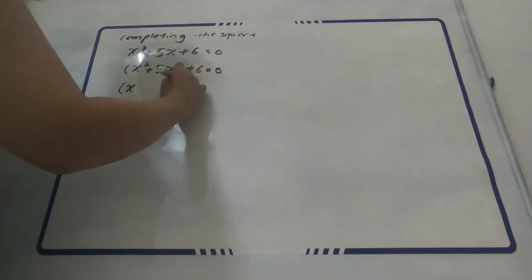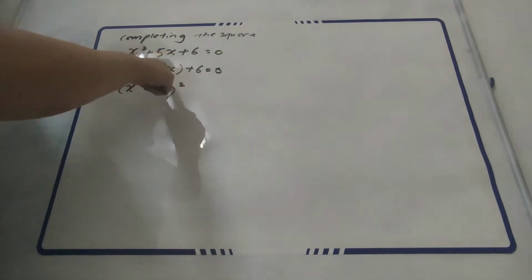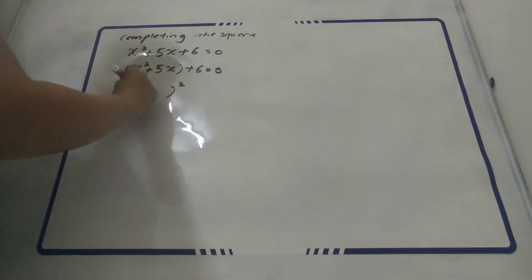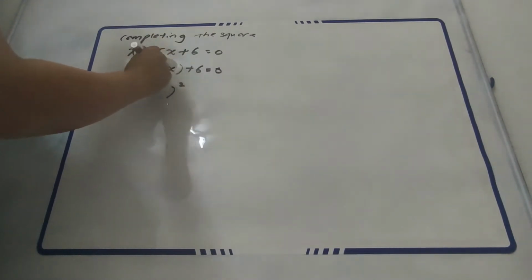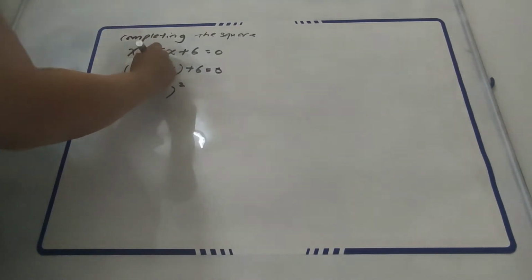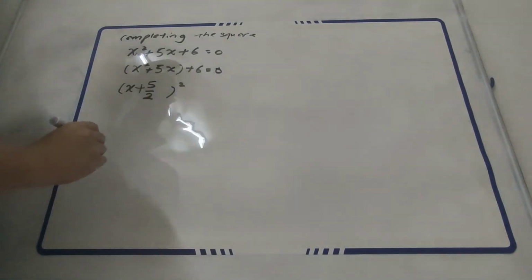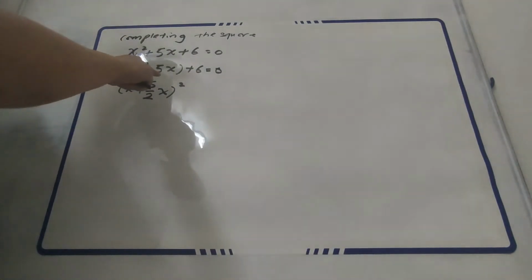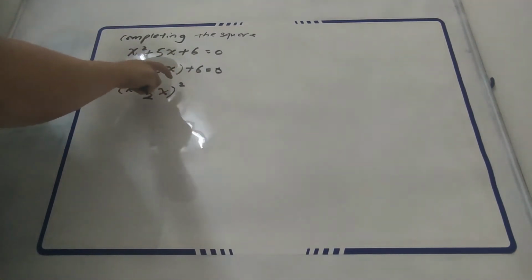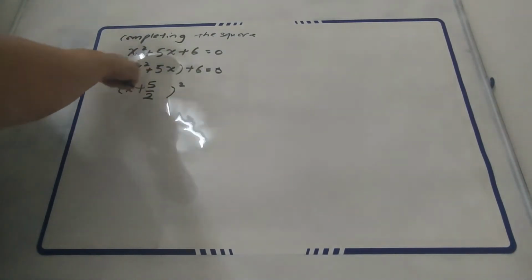So you put the square outside the bracket, and then the variable with x to the power of 1, the 5 here you divide by 2, becomes 5 over 2 x. And then actually you can try to recalculate this part, sorry, I made a mistake in this part.